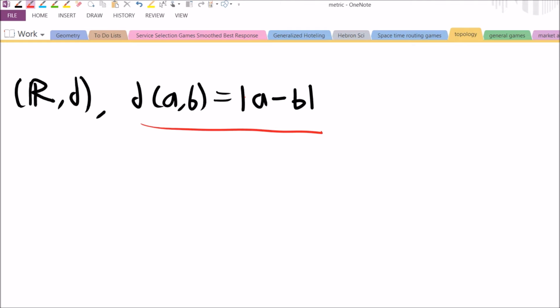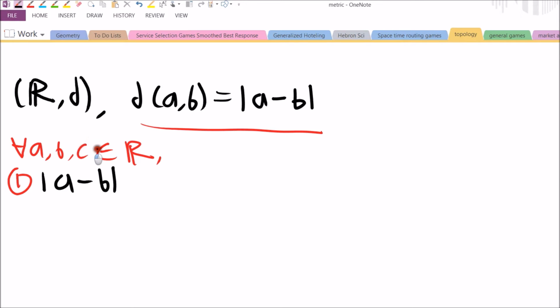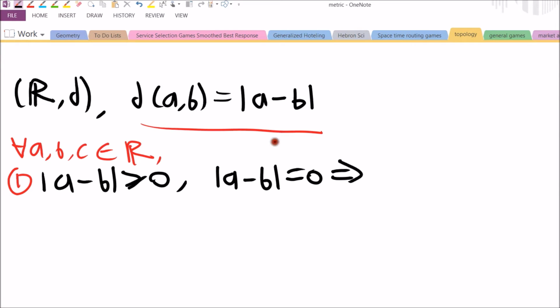In particular, we want to show that for every a, b, and c belonging to the reals, our first condition is satisfied: the absolute difference between a and b is non-negative, and it's only equal to 0 when a is equal to b.